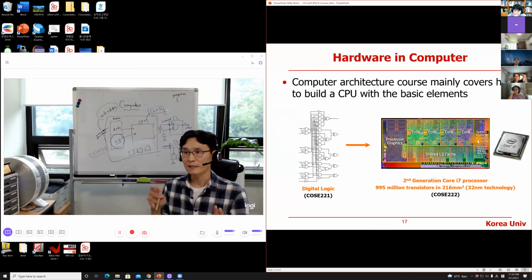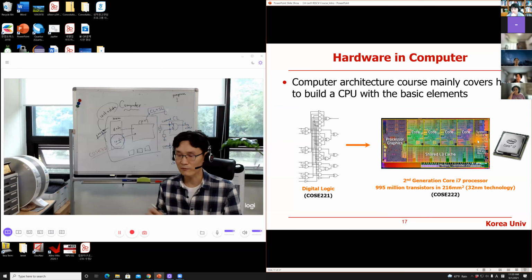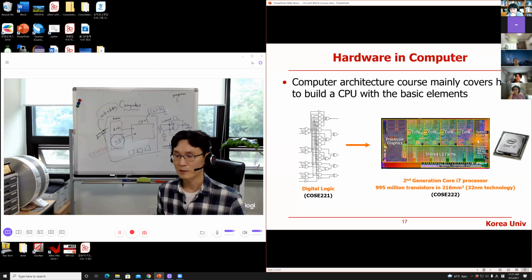Not this complicated CPU. We are going to play with a super simple CPU, because we are learning, first-time learners.